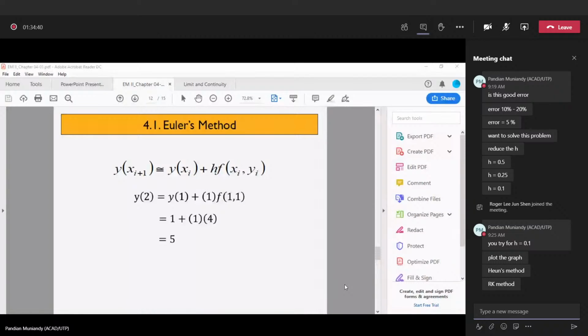Within the limitation, that means within the three methods, Runge-Kutta, Heun's, and Euler, you got to find the solution. But these three methods are insufficient. We cannot guarantee that Runge-Kutta method will give you 100% accuracy. This is maybe not possible.